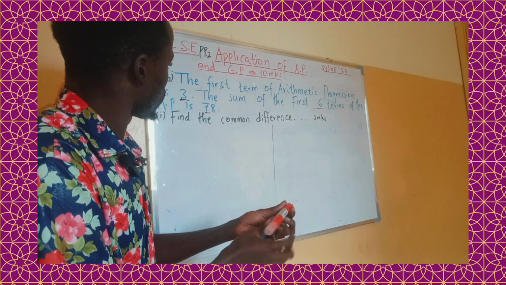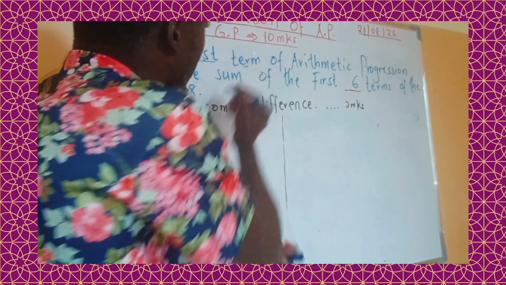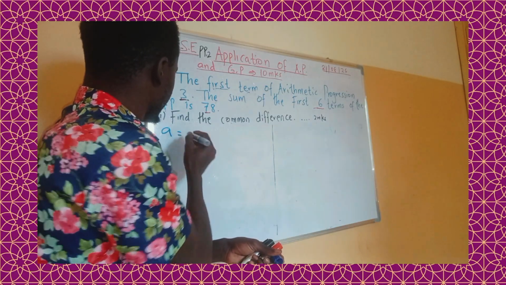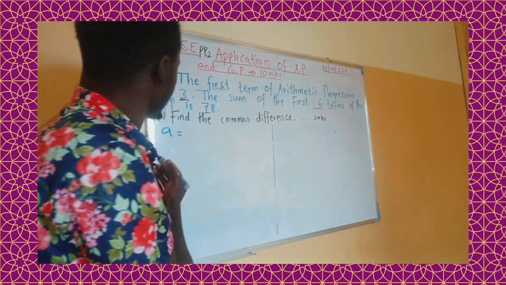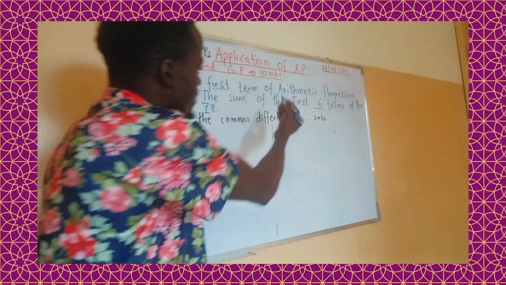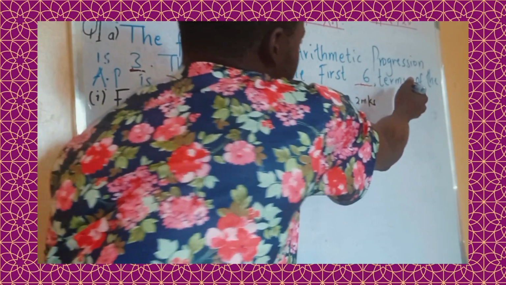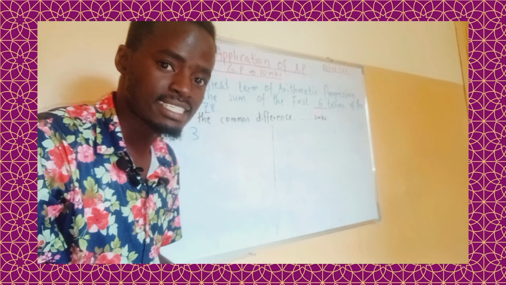In this question, we have been told that the first term, usually denoted by letter A, is 3. Then we go ahead. The sum of the first 6 terms. How many terms? 6.